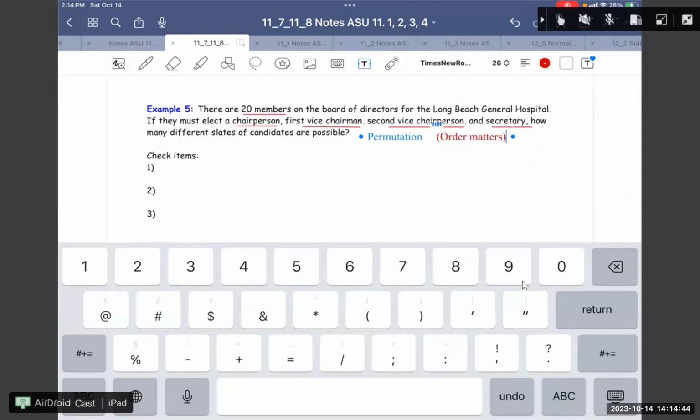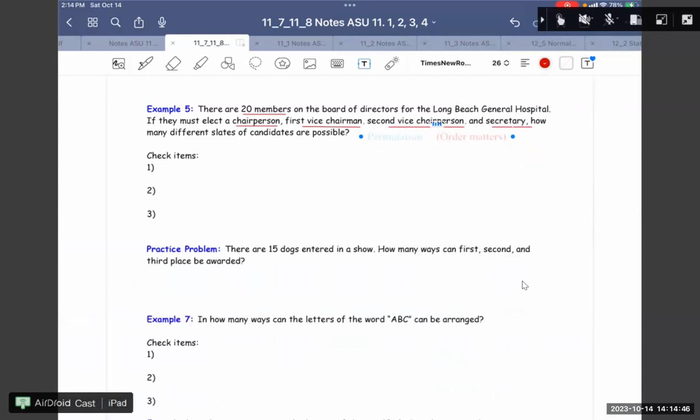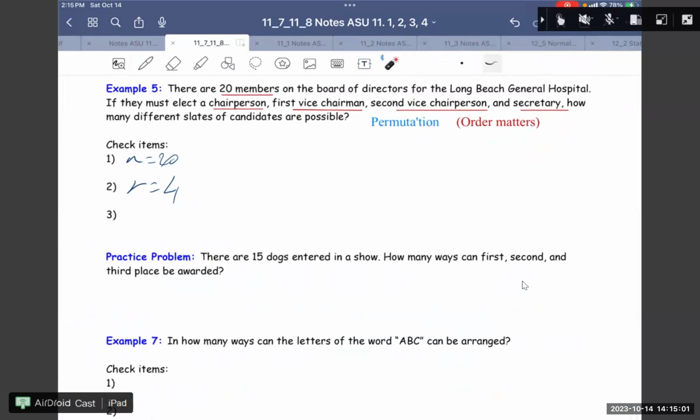So now, if the order matters, we can have N is 20, R is 4, right? Because we have right here 1, 2, 3, 4. So we have 4.